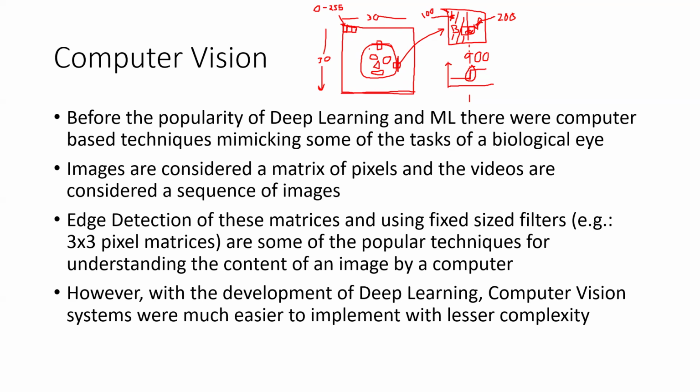Once you apply a certain filter, say a 3 by 3 filter, something like this, right? So you have 3 pixels long, 3 pixels wide, and suppose you have a filter like this where you have 1 1 1 in this direction, and -1 -1 and -1 in this direction, and 0 values in the middle.